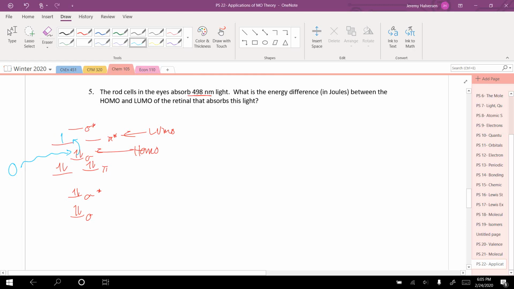So this photon has a wavelength of 498 nanometers. If we can find the energy of that photon, then we'll know the gap between the HOMO and the LUMO. Now, we've done this before. We know that the energy equals hc over lambda. So hc over 498 times 10 to the negative 9.